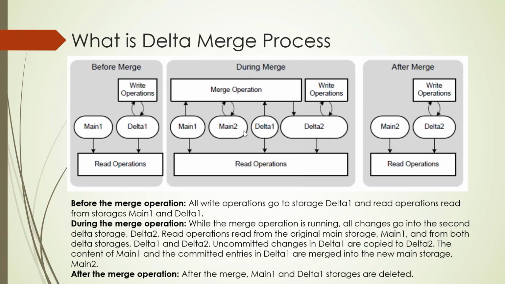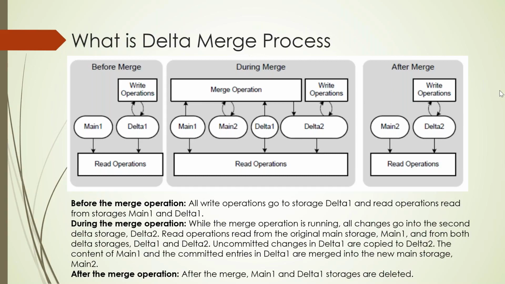Here, main two is created. Main two will be a copy of your main one. Whenever main two is created, it is initially a copy of your main one. The committed data of delta one is transferred to the main two, and the uncommitted data of delta one is transferred to delta two. After the merge, delta one and main one are deleted, and you will see only the main two and the delta two.